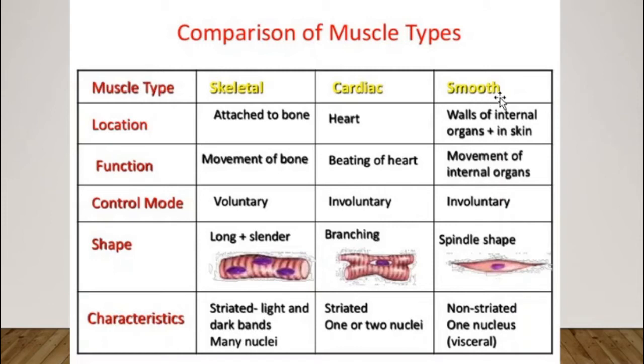Next, we have the smooth muscle. Smooth muscle is usually located in the visceral organs, and its function is the movement of internal organs. The control is involuntary like the cardiac, but the shape of the muscle, some would say, is spindle shape, which means both ends are pointed.